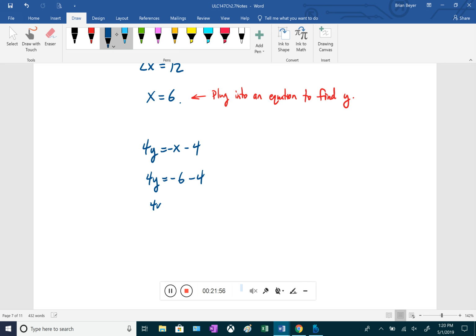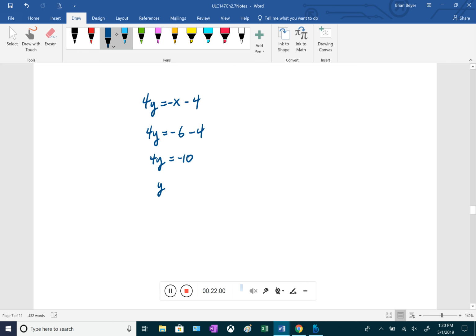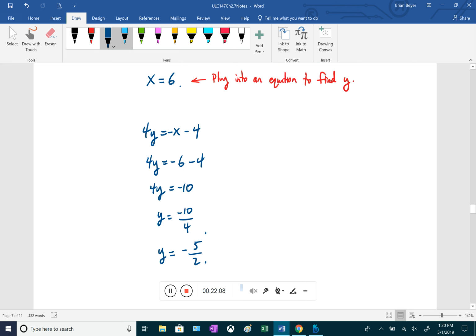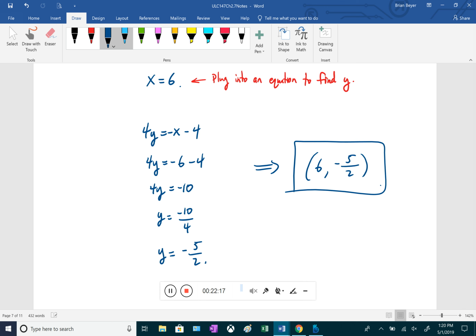That's 4y equals negative 10. Divide both sides by 4. We get negative 10 divided by 4, which simplifies to negative 5 over 2. Okay, so both of our answers here, that's going to be 6 for x and negative 5 over 2 for y.